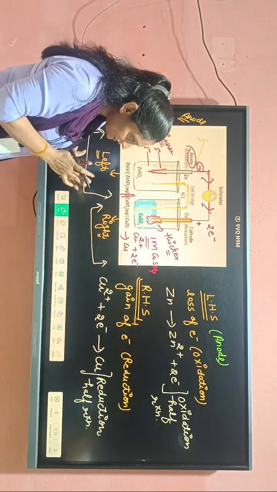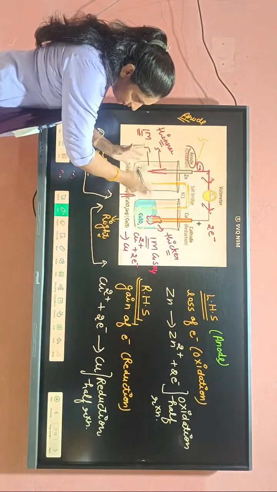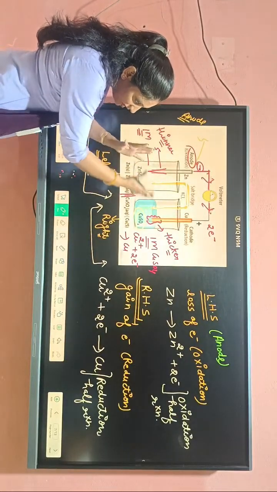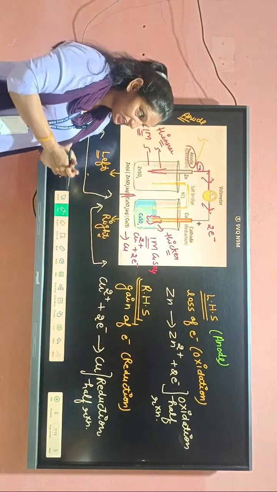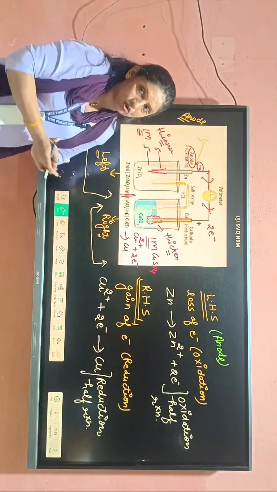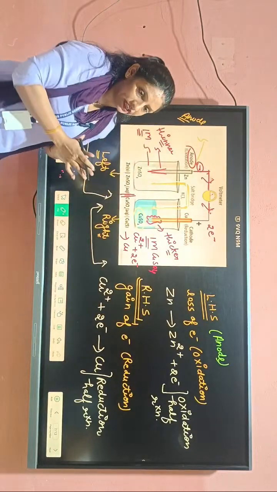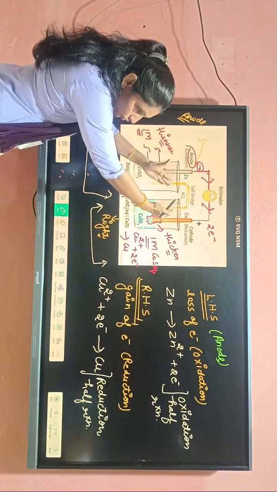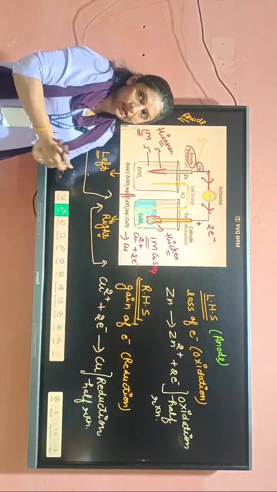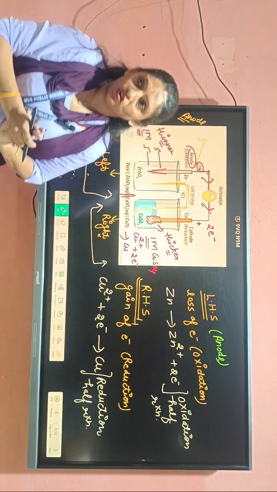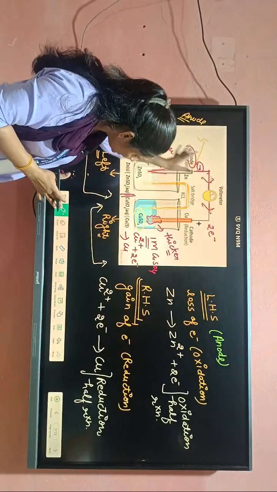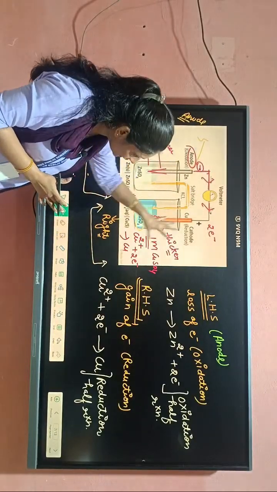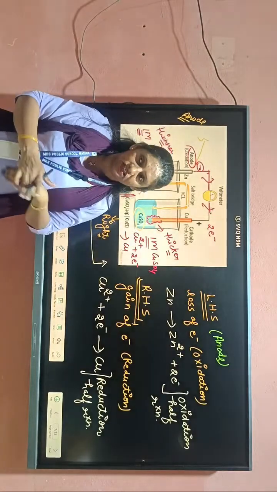Okay, and students, some potential is generated between these two half cells. That is known as the potential difference, the E naught cell, and the maximum potential difference between these two electrodes is known as the EMF, electromotive force. Here we are setting up this cell at standard conditions.